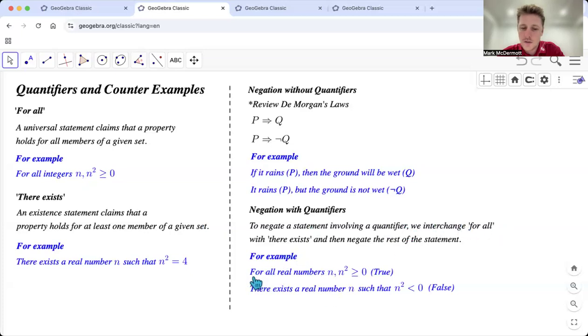So no longer do we have for all, we've now got there exists a real number n such that n squared is less than 0. The opposite of n squared greater than or equal to 0 is n squared less than 0. We can see in this example that the original is true, but the negation of this for all statement is false in this case.